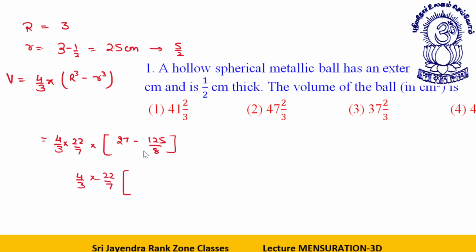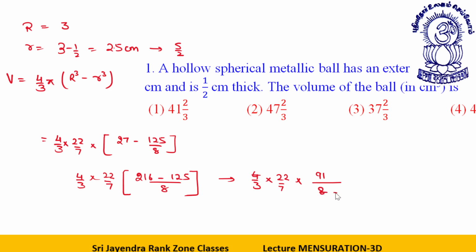This is 4 by 3 into 22 by 7. 27 into 8 will be 216, minus 125 by 8. This gives you what? 4 by 3 into 22 by 7 into 91 by 8.